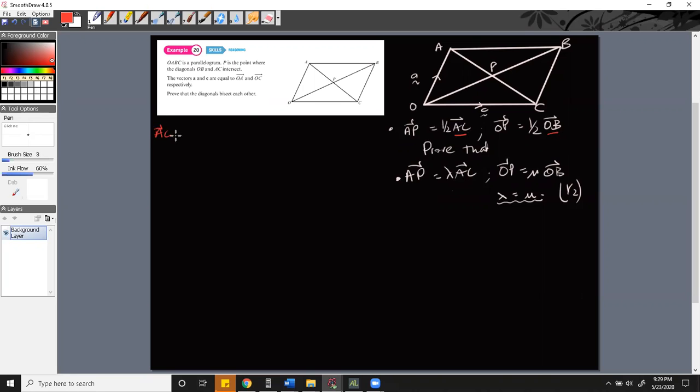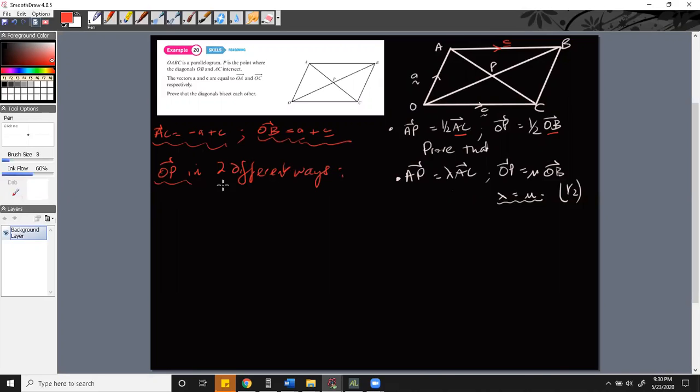So AC is going to be minus A plus C, and OB is going to be A plus C. Because it's a parallelogram, this is going to be C as well. So it's A plus C. So those are the two vectors that we're going to use, and we're going to find OP in two different ways.